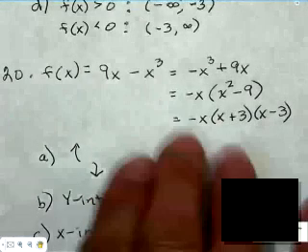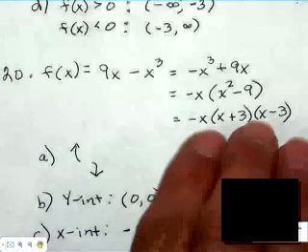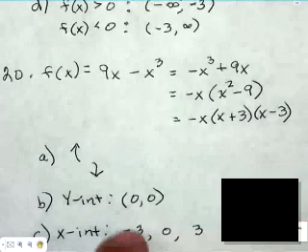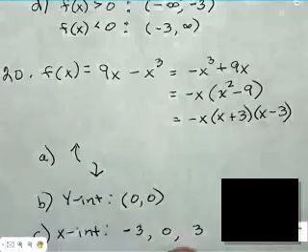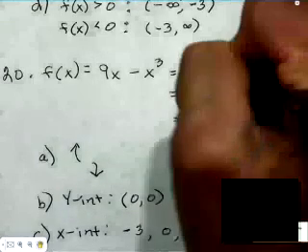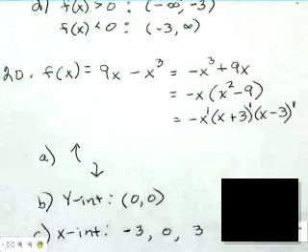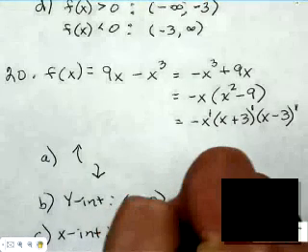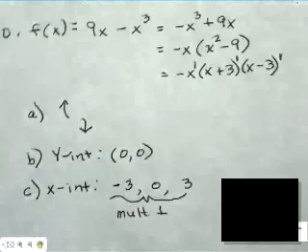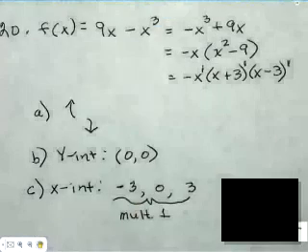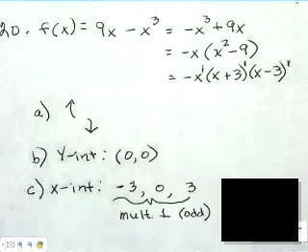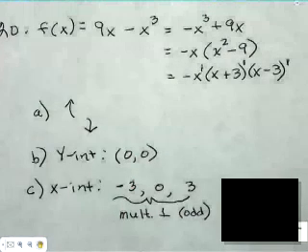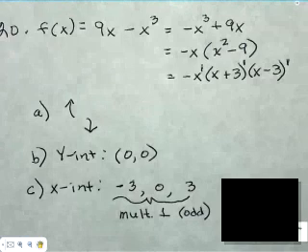Since this is in factored form, it's easy to see the multiplicities of those x-intercepts as well. What's the multiplicity of each one of those x-intercepts? Yeah, the exponent of each of those factors is 1. So the multiplicity of each of those zeros is 1, which is odd. So does the graph just touch, or does the graph cross the x-axis at each one of those x-intercepts? It crosses.